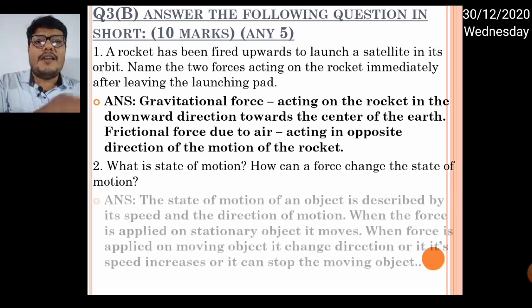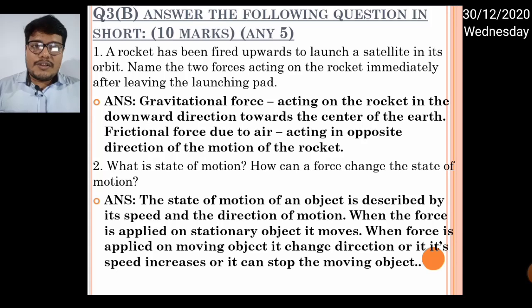Okay, see how we will write here. The state of motion of an object is described by its speed and the direction of motion. Two things, speed and direction of motion, describe the state of motion. When force is applied on a stationary object, stationary means the object is at rest, so force can move that object.